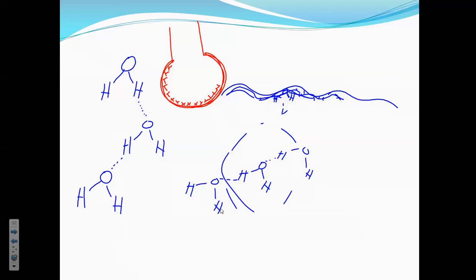You don't want the whole thing filled up with water, but you have a thin little film of water lining your alveoli. It's very important. But it's not just one layer of water molecules. Water is about as tiny as you can get, isn't it? So it's actually several little layers, but it's still super thin.